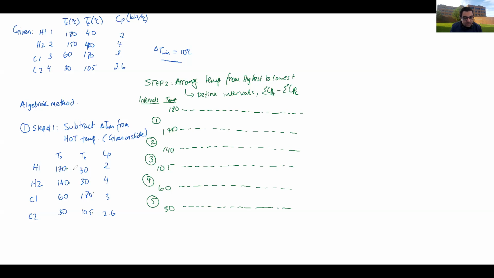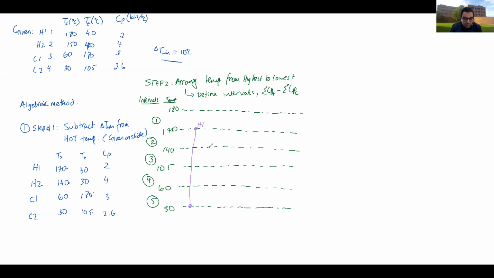H1 goes from 170 to 30. So I'm going to write H1 right here. It starts at 170 and goes all the way to 30. So I'm just going to draw a straight line down to 30. And the CP for H1 is 2.